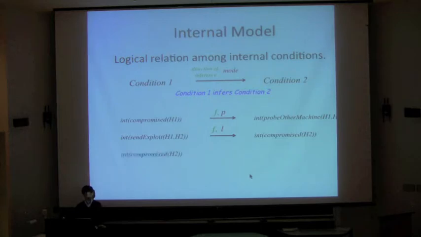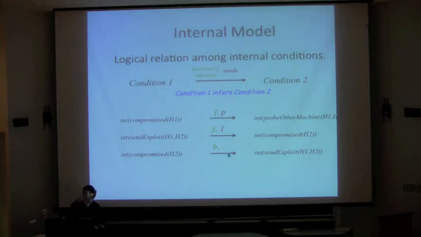Okay. Third example: if machine H2 is compromised, then you can use a backward inference to think about what could have caused the machine to be compromised by an attacker. Well, it could be that somebody has sent an exploit to it from H1. If you look at these two rules, they just swap the order of left-hand side and right-hand side. So that gives you a backward inference.